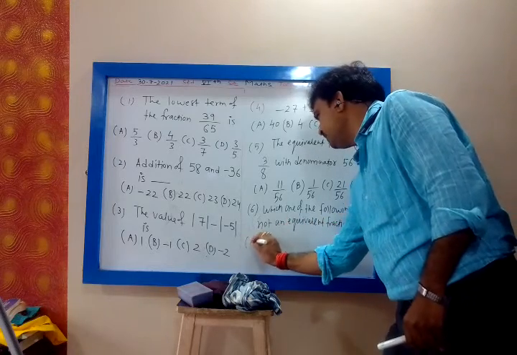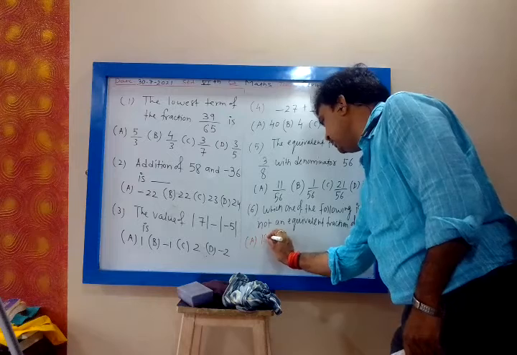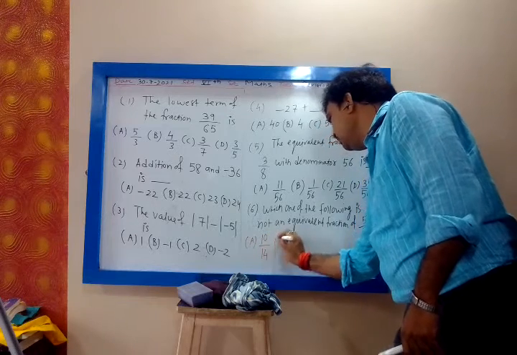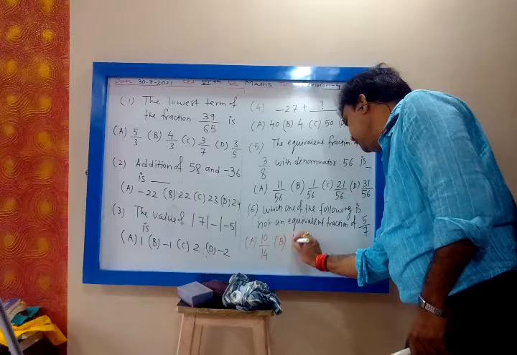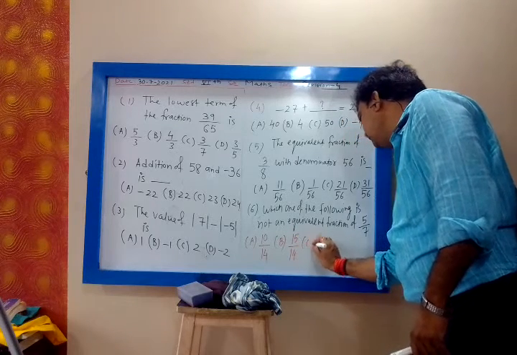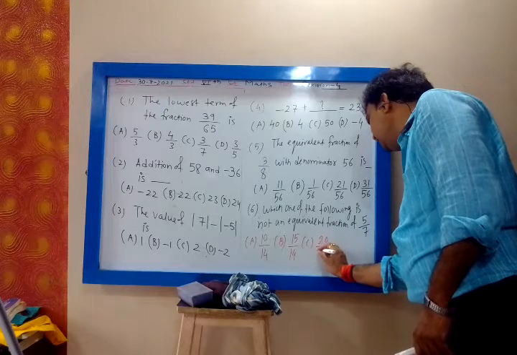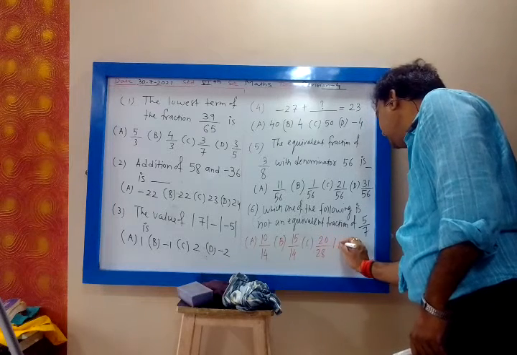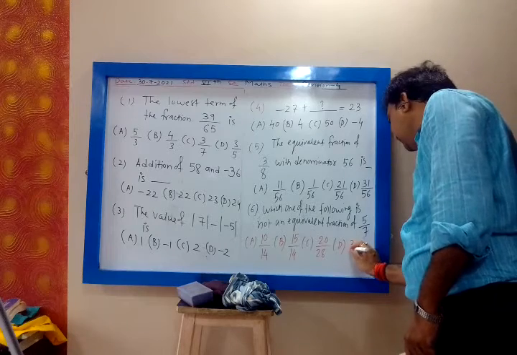Options are A, 10 by 14; B, 15 by 14; C, 20 by 28; D, 30 by 40.